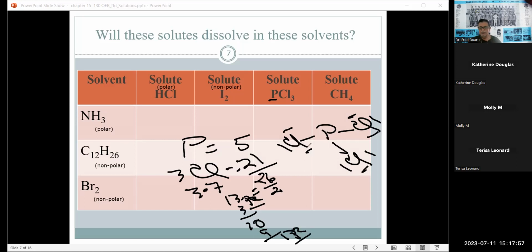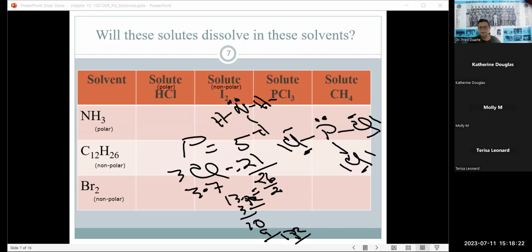I cannot put any more on the chlorines because the octet is fulfilled. The only place to put the last one has to be on the central atom, the phosphorus. I just put a couple of dots there. That is analogous to ammonia, if you recall the structure that we came up with for ammonia.